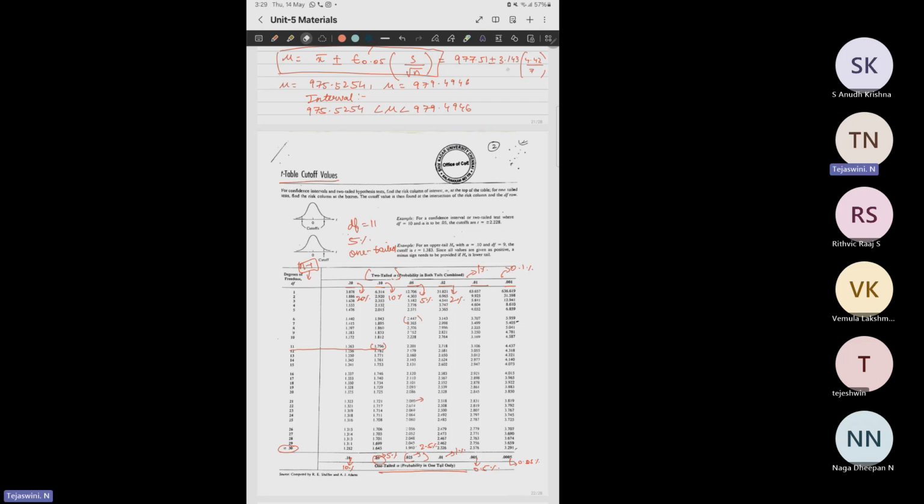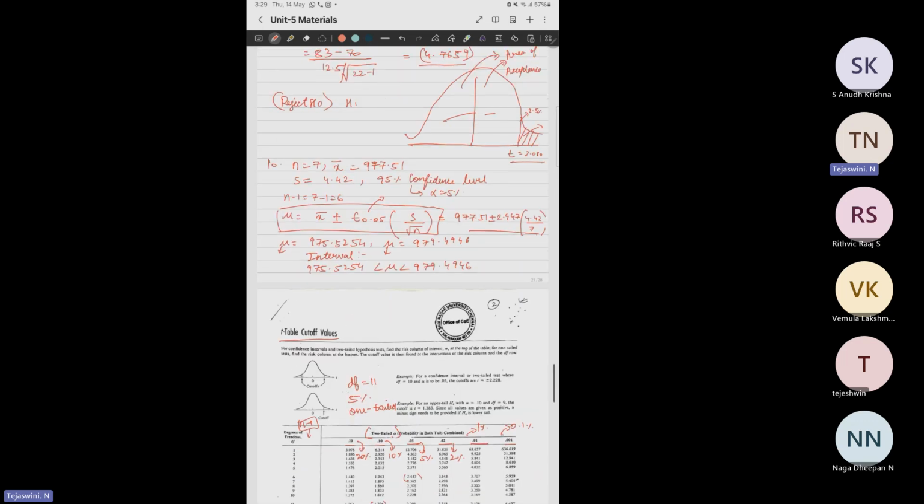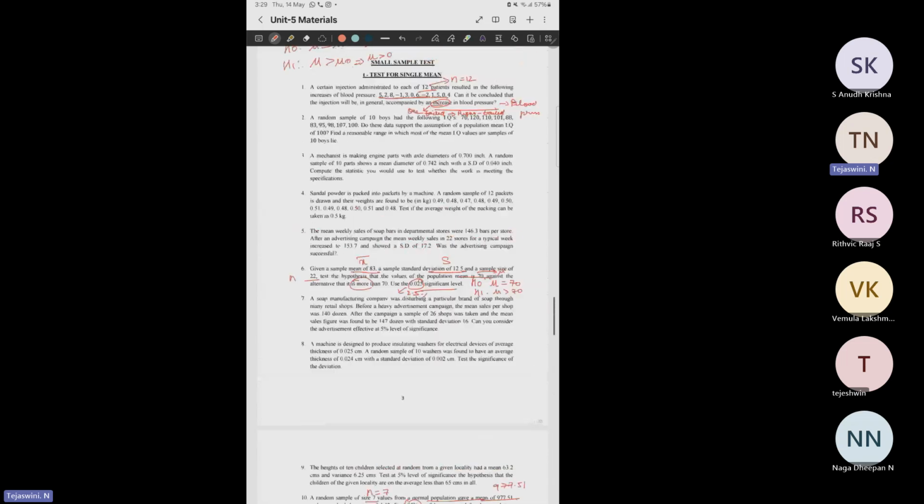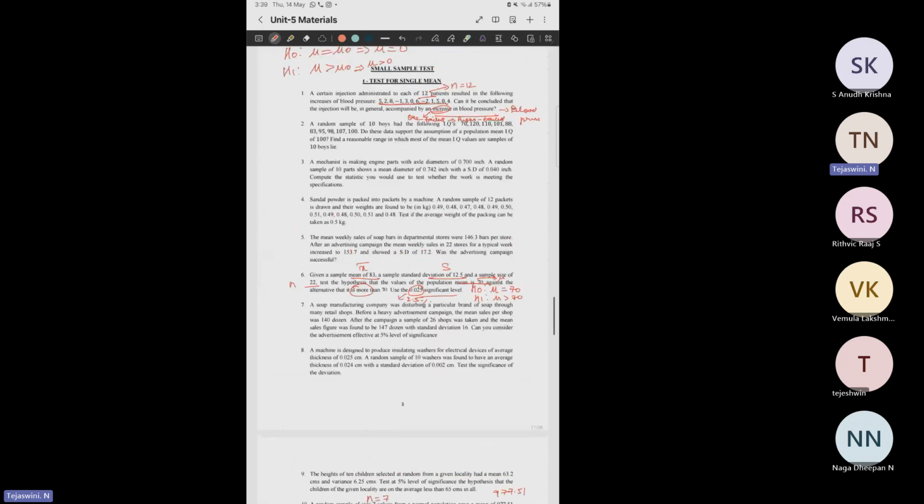And when you solve this, you'll get two values of the mean. So in conclusion, we can write that if mu lies between these values, then we can accept H naught, else we'll have to reject H naught. I'll tell for other sums. You can try it out on your own.